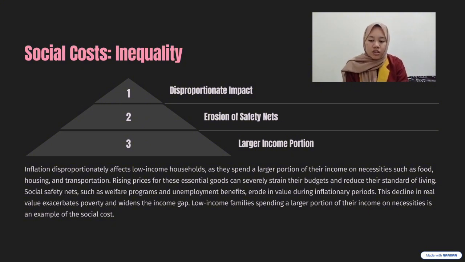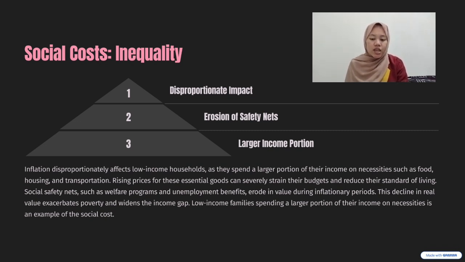Inflation disproportionately affects low-income households, as they spend a large portion of their income on necessities such as food, housing, and transportation. Rising prices for these essential goods can severely strain their budgets and reduce their standard of living.